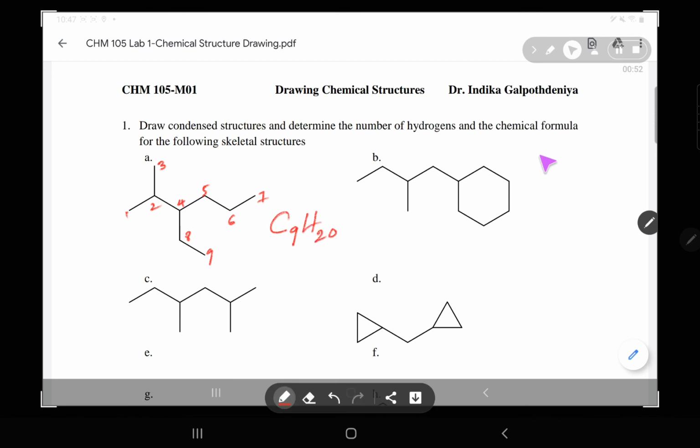An alkane or saturated compound with 9 carbons will have 20 hydrogens. The compound that I have has no double bond and no rings, therefore it is saturated, so the chemical formula will be C9H20.